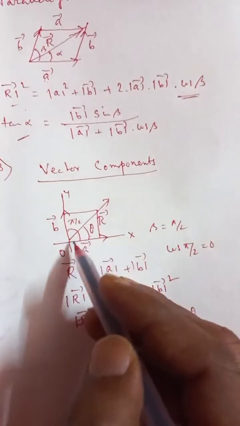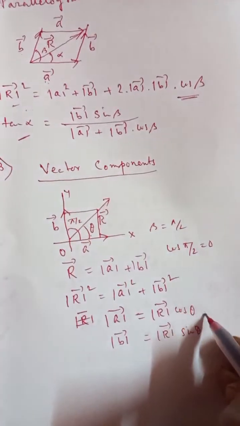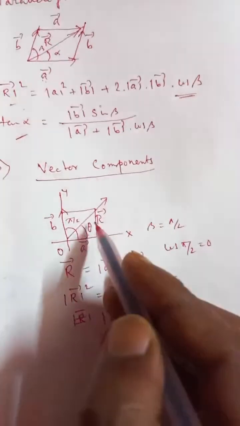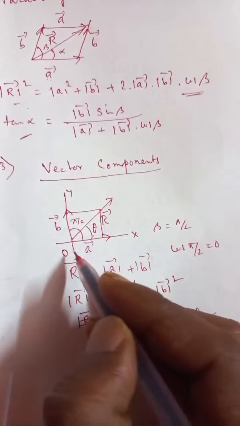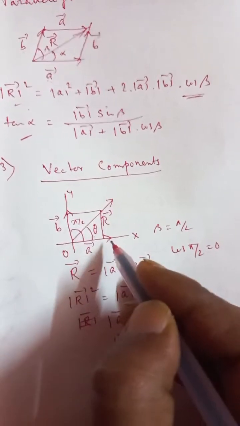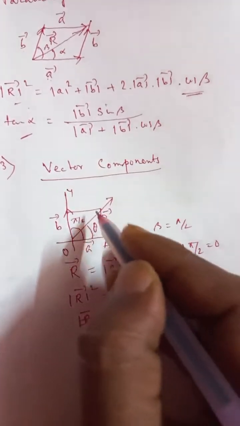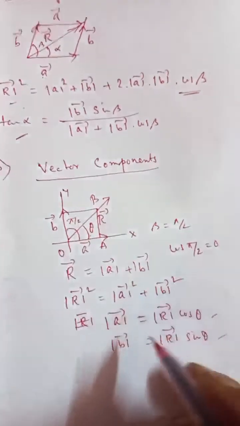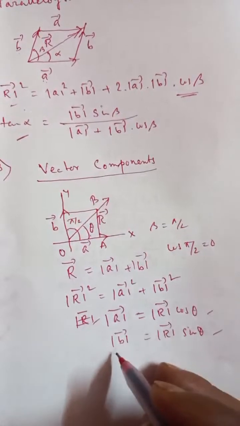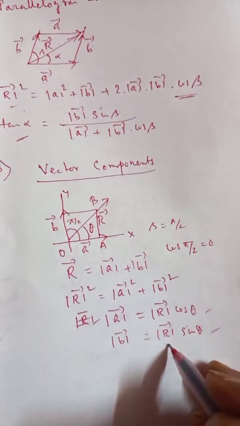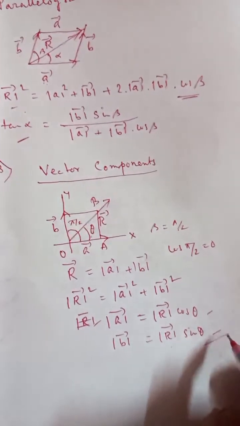If we solve this, we can find this out. And since it is a right triangle, right angle OAB, if we consider it, we get mod of A vector is equal to mod of R vector cos theta, and mod of B vector is equal to mod of R vector sin theta.